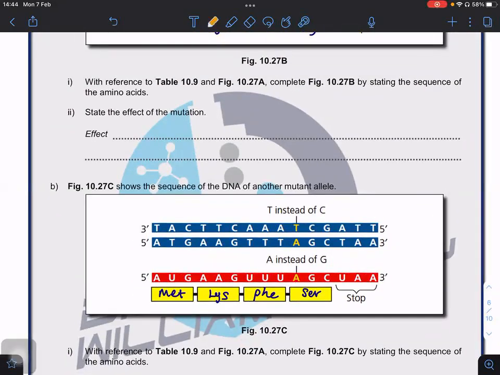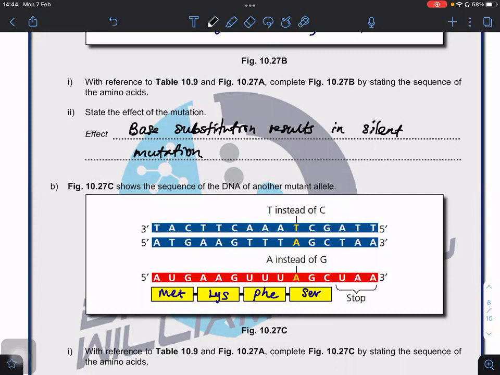For me, I will write: it's a base substitution that results in silent mutation.